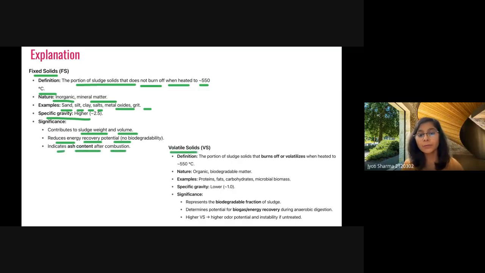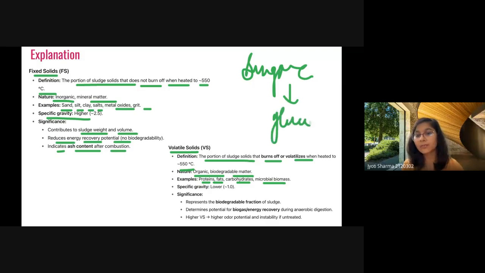If we are talking about volatile solid, it is the portion of sludge solid that burns off or volatilizes when heated to near 550 degrees Celsius. These are organic or biodegradable matter, mostly protein, fat, carbohydrate, microbial biomass. For example, if you are having wastewater from sugarcane distilleries, it may give you, let's say, glucose in your wastewater.